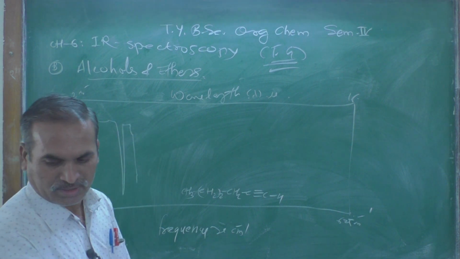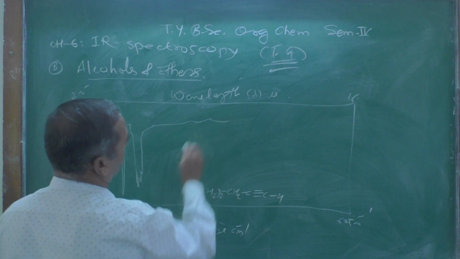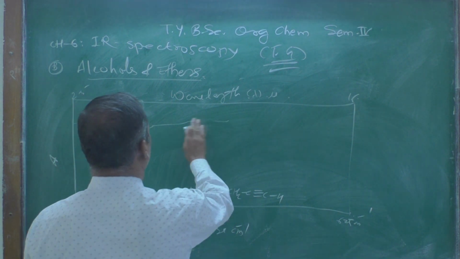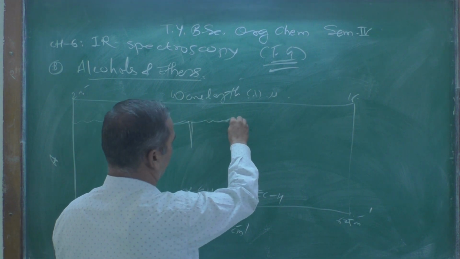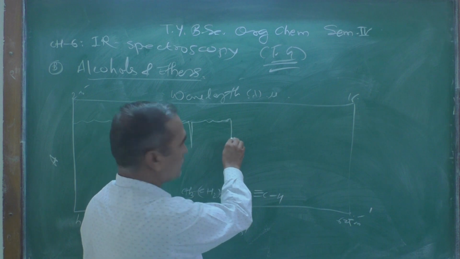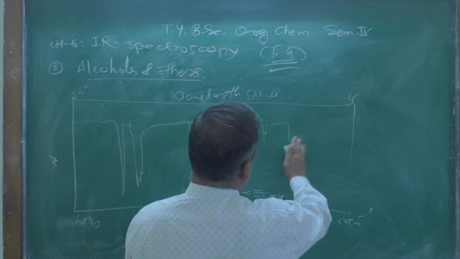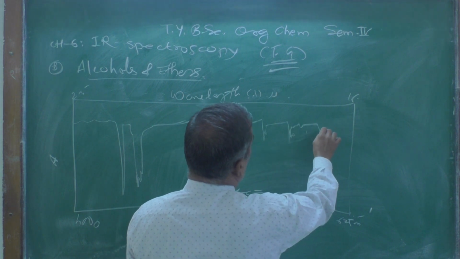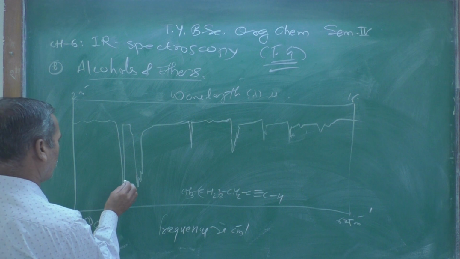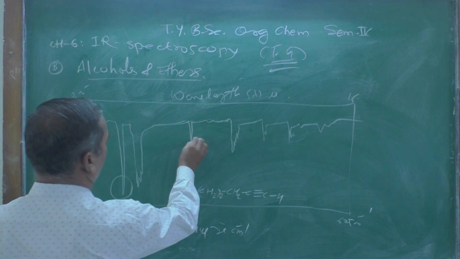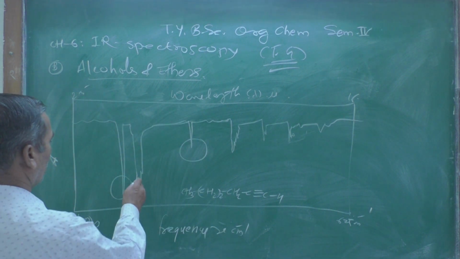Then there may be one sharp peak here, and then it goes like this. If you see here, I am circling one recognizable, prominent peak.